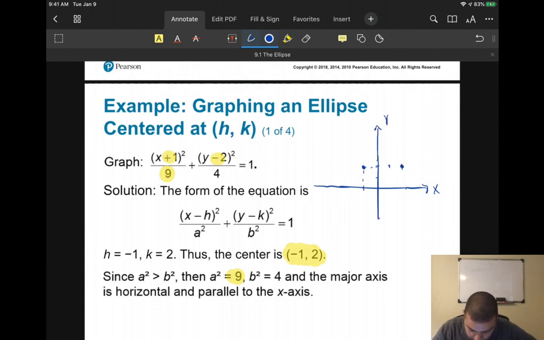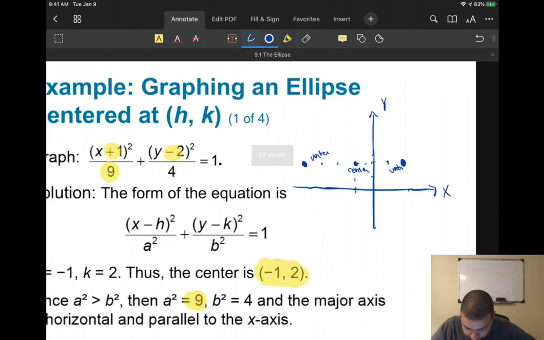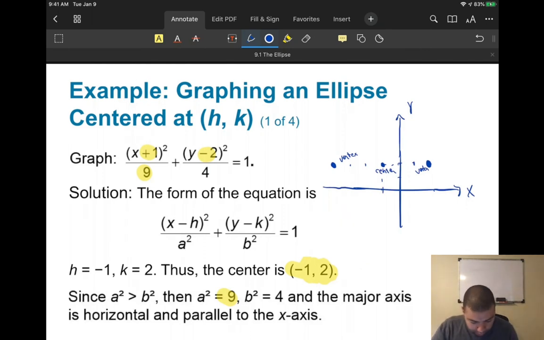And I move 3 to the left. So 1, 2, 3. So that's one of my vertices. Alright, so this is the center, this is vertex 1, and this is vertex 2. Zoom in a little, maybe that helps. And now I know B is 2, right? So these go 2 up and 2 down.